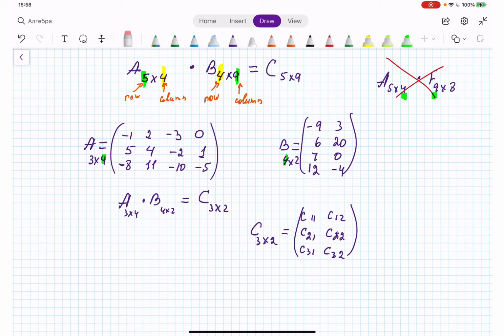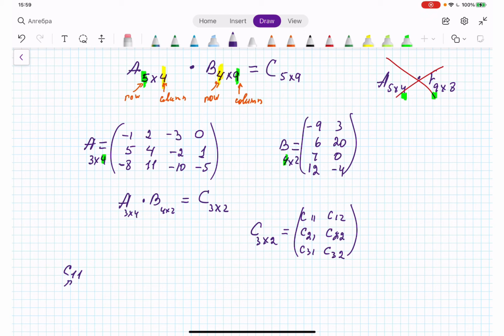Okay, so how are we going to multiply? Look, when you look at the first element here, C11, listen carefully, please.